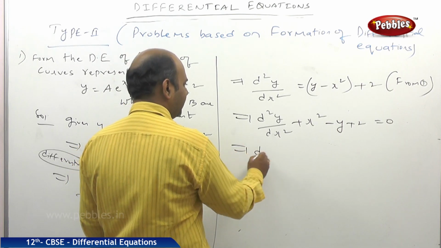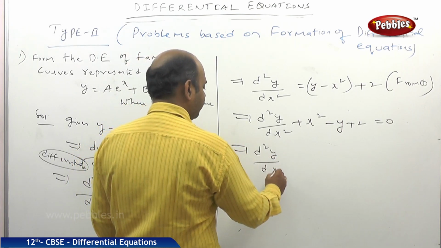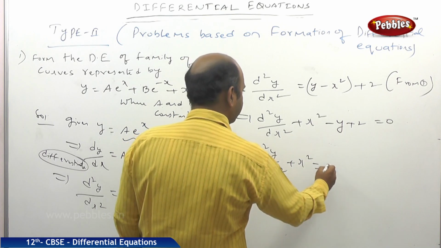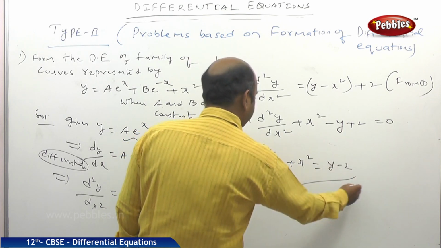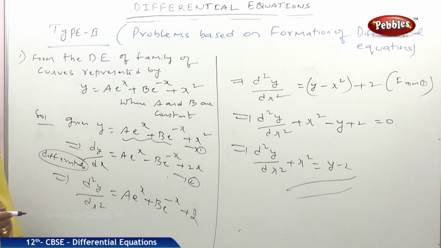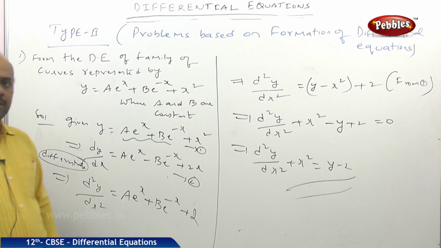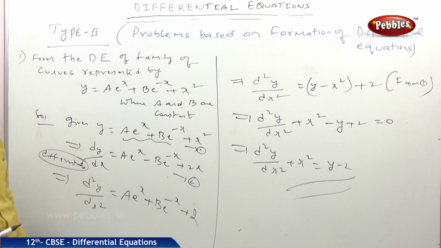Therefore, neatly writing, d square y by dx square plus x square equals y minus 2, which is our required differential equation, and it is free from constants A and B. Sometimes in competitive examinations they may ask to eliminate A and B to form a differential equation from the given family of curves. Like this also they may ask.